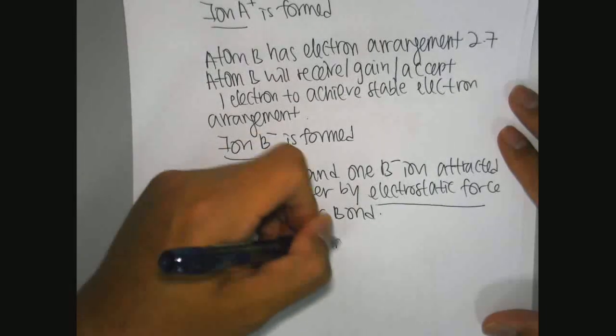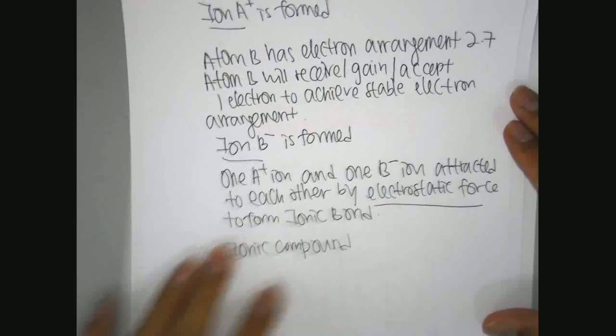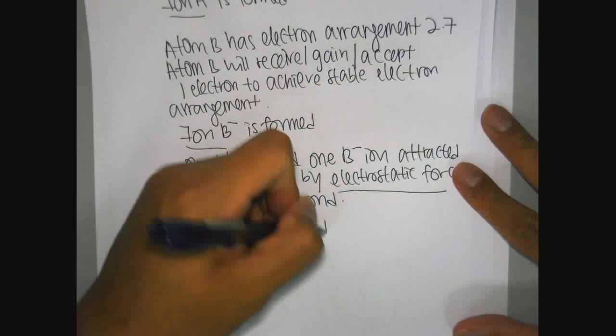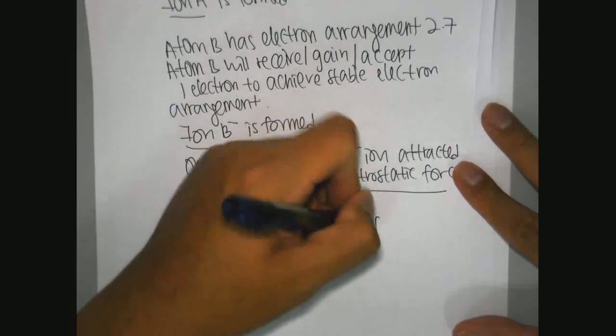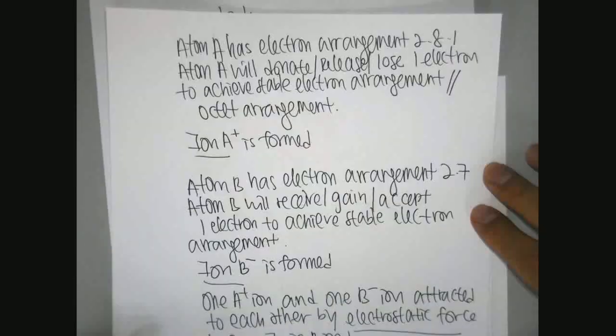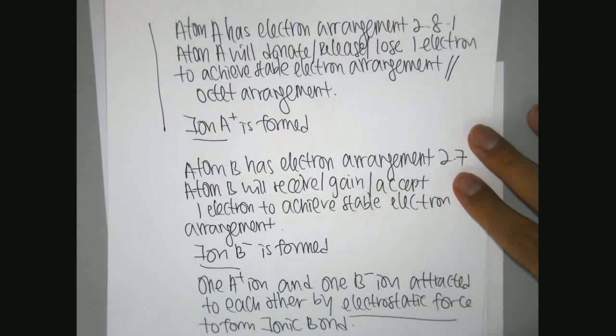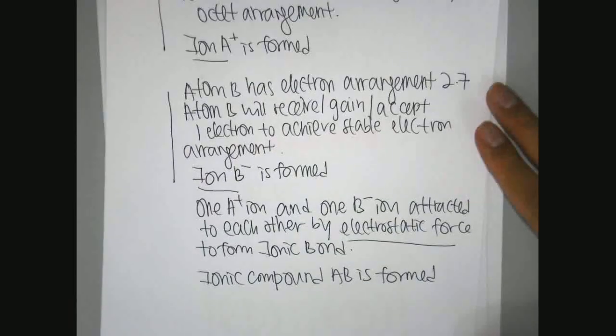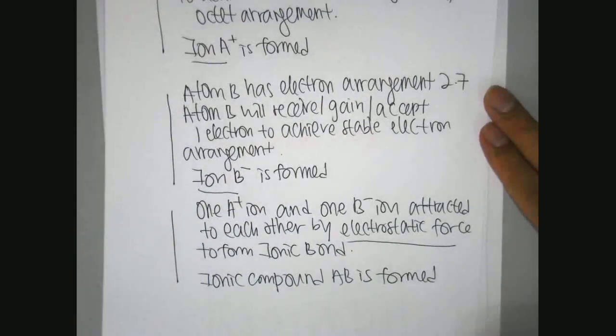What is the final formula for your ionic compound? As you can see just now, it's AB. So you write the ionic compound formula AB. So this is how you write a good answer. This is how you guys write a good answer. Introduce everything about A, which is the prince, introduce everything about B, which is the princess, and tell people how the prince and princess join together.